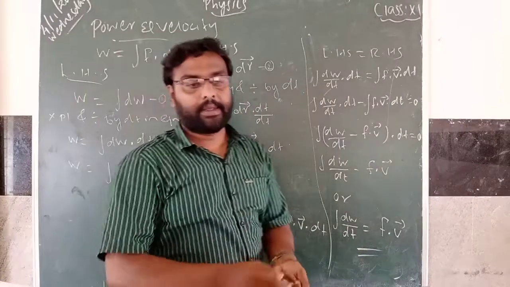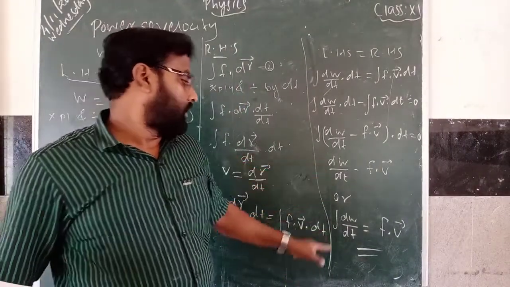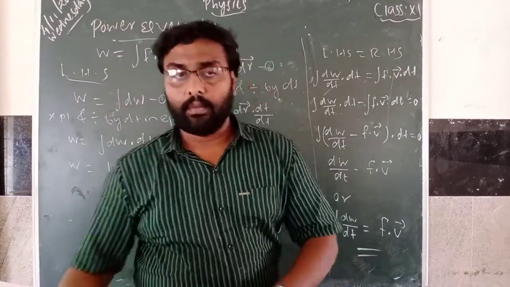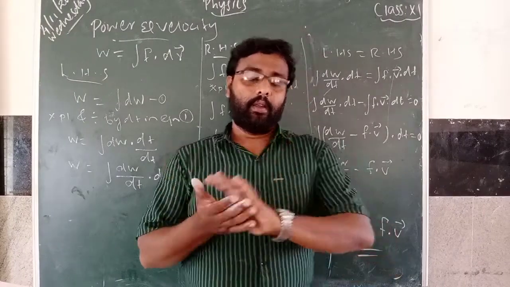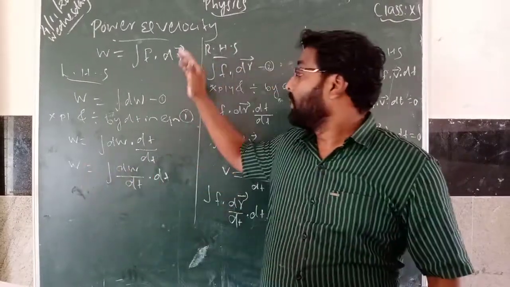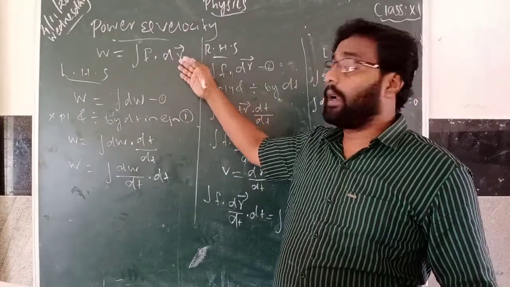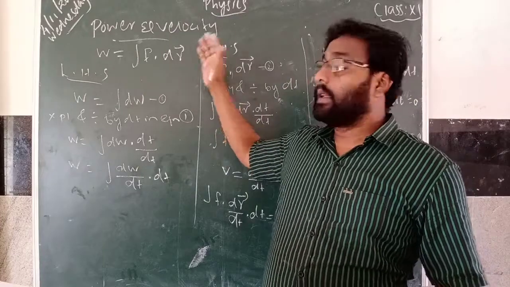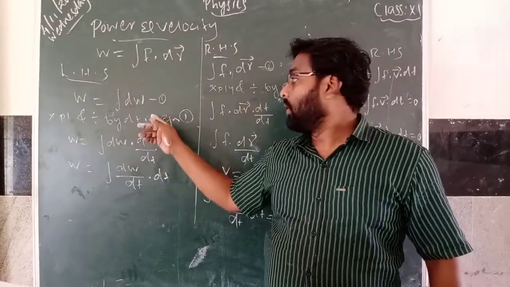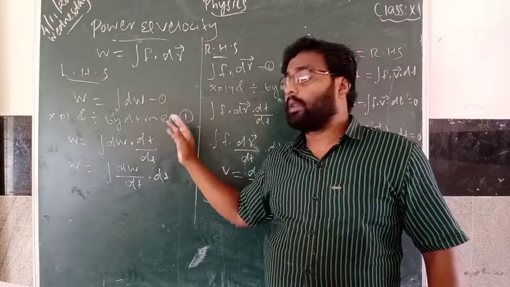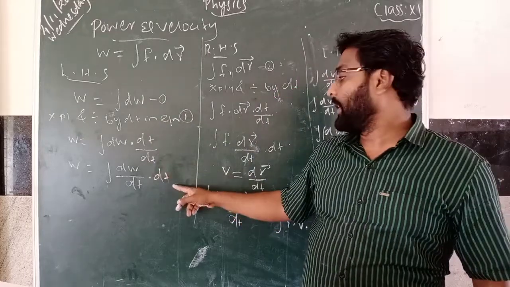This is the relation between power and the velocity. It is one of the very important 3-mark questions. So first you write the work done formula W equal to F dot dr. Then take LHS separately, RHS separately. LHS is W, so integrate dW, then multiply and divide by dt. On the right side, multiply and divide by dt.